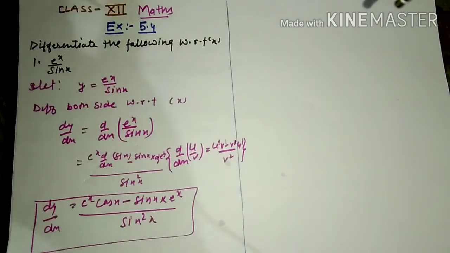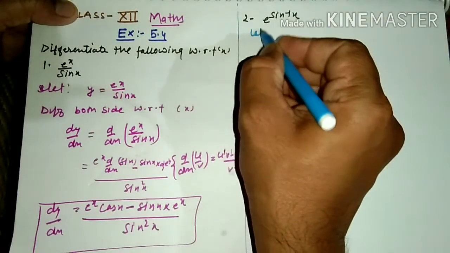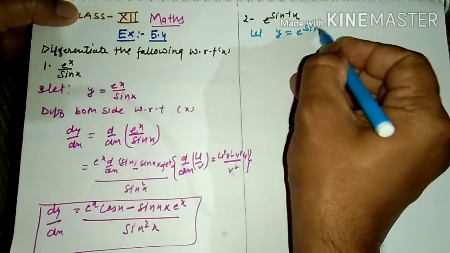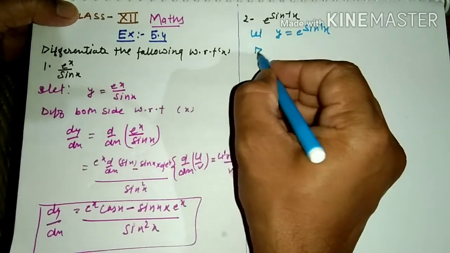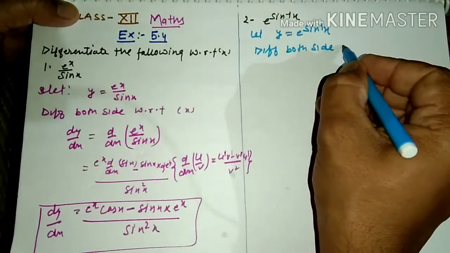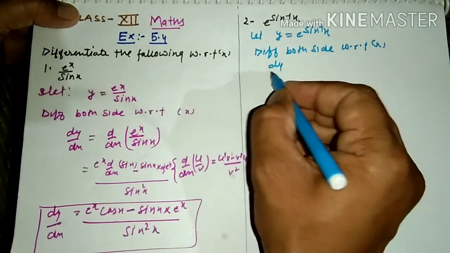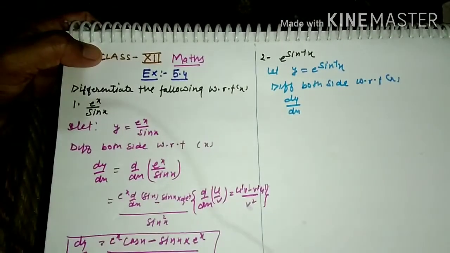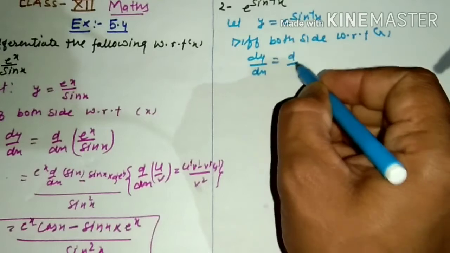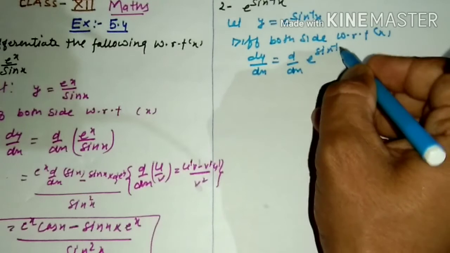Now second question, again the same procedure. Let y is equal to e to the power sin inverse x. Differentiating both sides with respect to x, what we get is dy upon dx equal to d upon dx of e to the power sin inverse x.